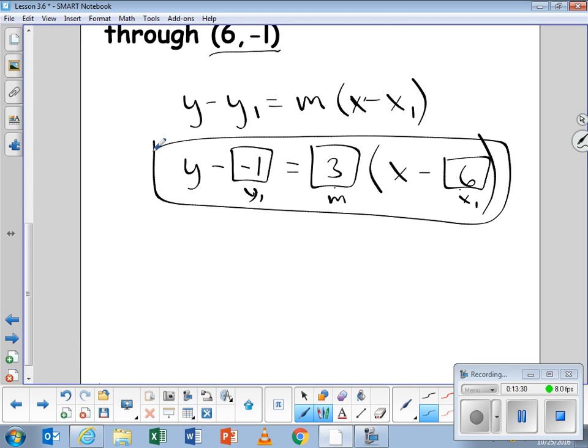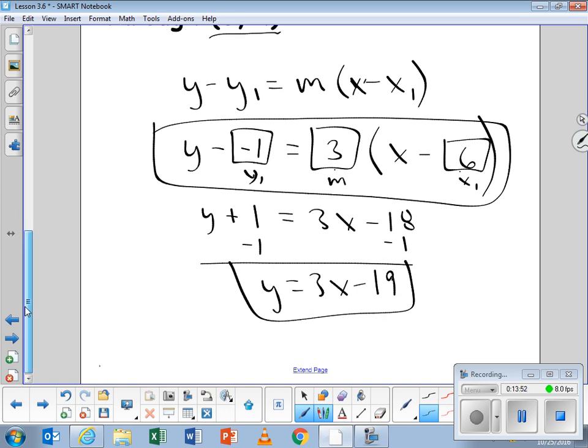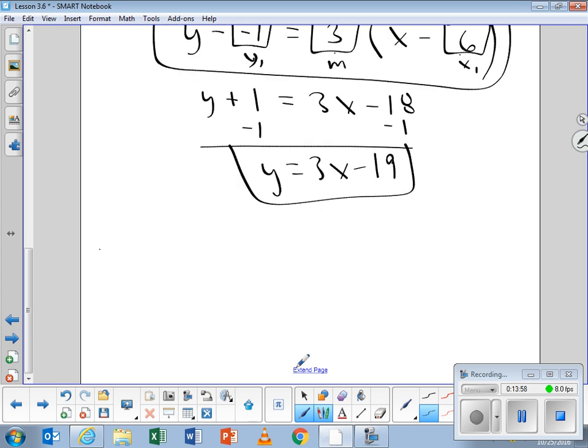Okay? Those who put it in slope-intercept form, then you subtracted 1 from both sides. Nothing wrong with that. That's fine. That'd be slope-intercept form. If I wanted it in standard form, I'd have to subtract my 3x from both sides. And then what did I tell you about standard form? Just to appease the chemistry gods, what do you have to do?